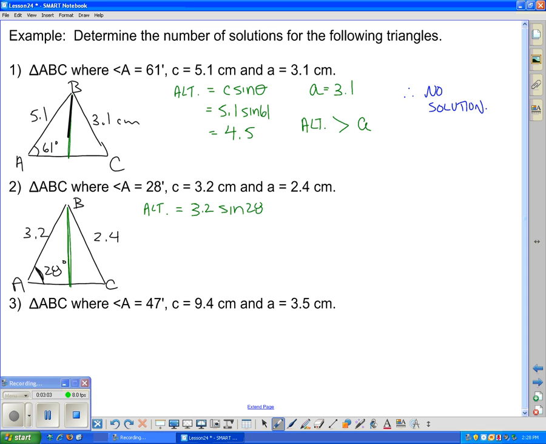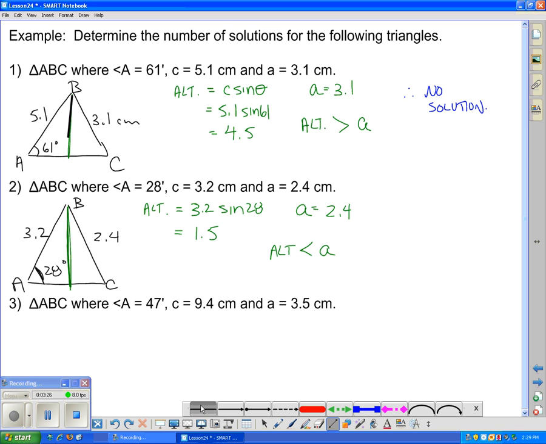So that's how you calculate the altitude, the height. We want to know how it compares to that arm BC. So 3.2 multiplied by sine 28, I get 1.5. My A value is 2.4. So my altitude is shorter than my A value. So what does that mean?